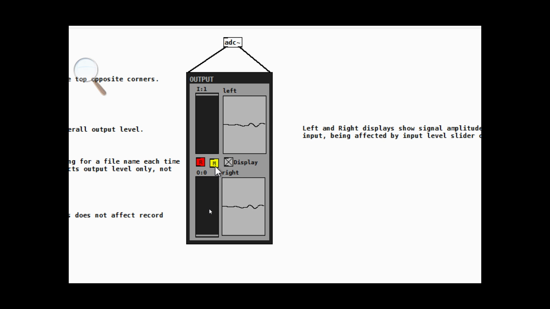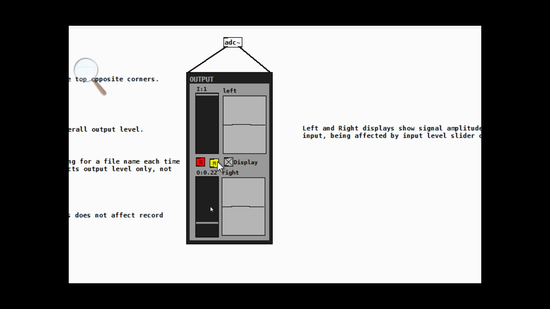Now this is a mute. So the mute works like this. Basically, it's just a quick way to mute, as you see. As soon as you click it, it mutes your output fader, and then when you click it again, it goes back to the same level that you were at.